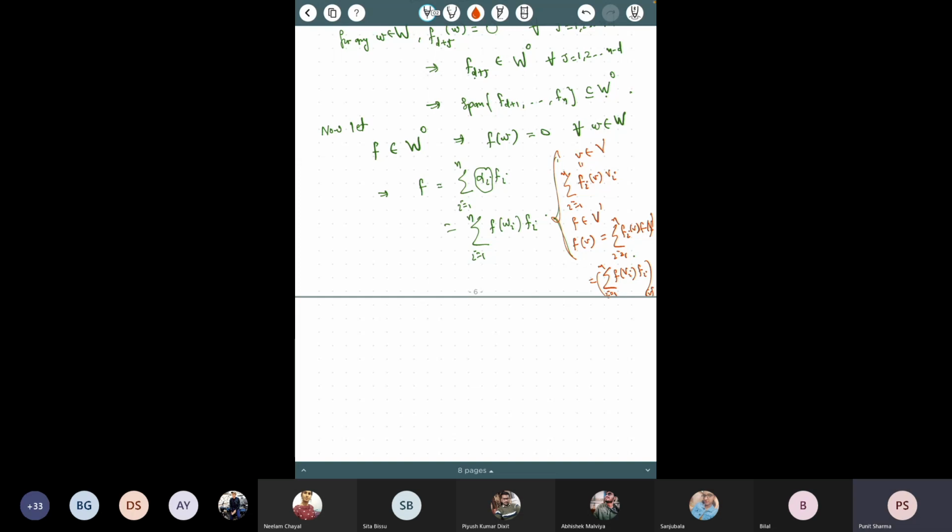But this is true for all vectors v. So this implies that f is the sum of f(v_i) f_i, i equal to 1 to n. The same thing I'm writing here, instead of v_i, I'm using the notation w_i.